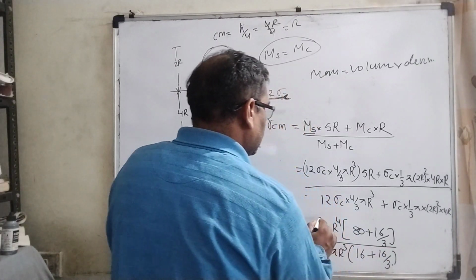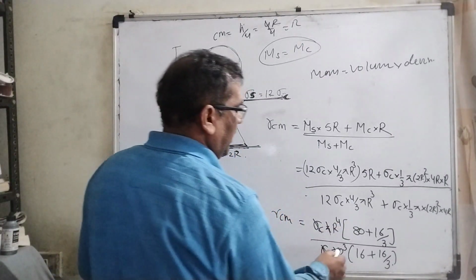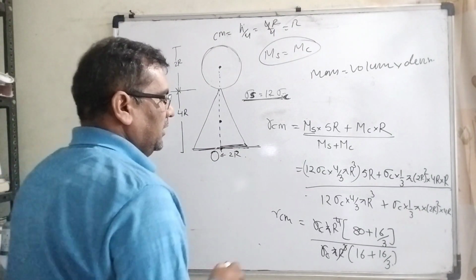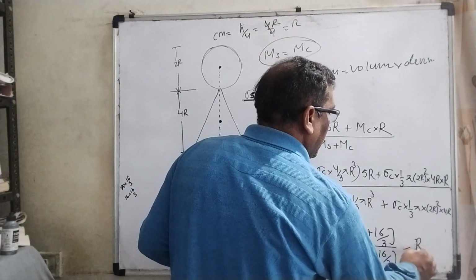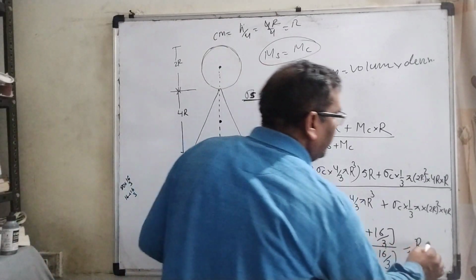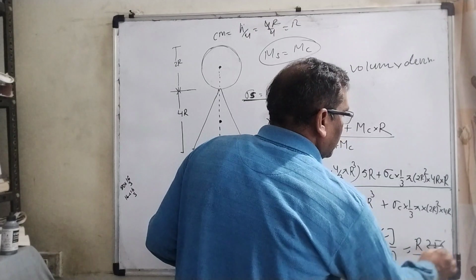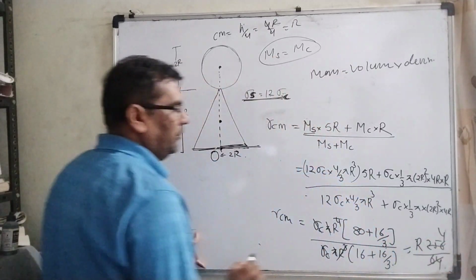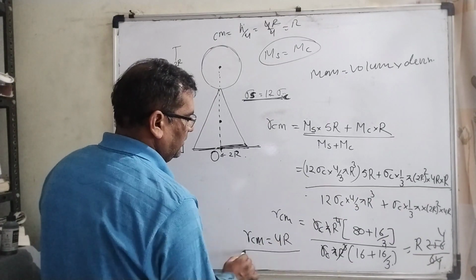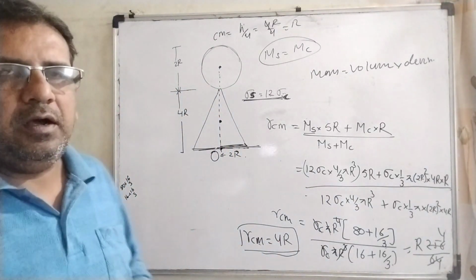Sigma c cancels, pi cancels, r raised to power 4 and r cube, so only r remains in the numerator. Then by solving these values, it is 240 plus 16 is 256 divided by 64. 64 fours are 256. So the center of mass is 4r. The whole center of mass is 4r of this given toy.